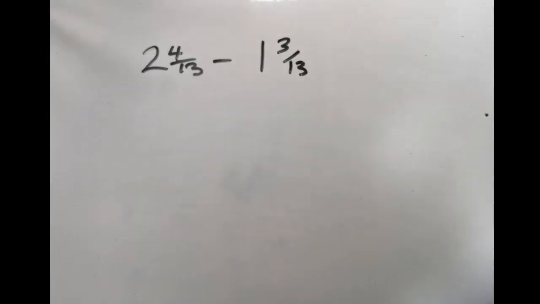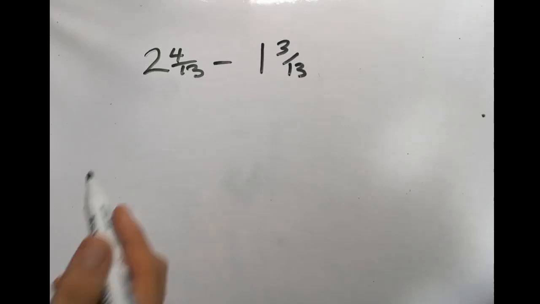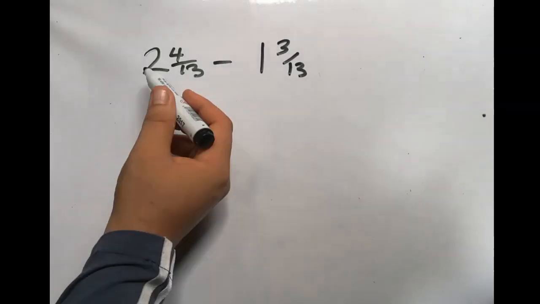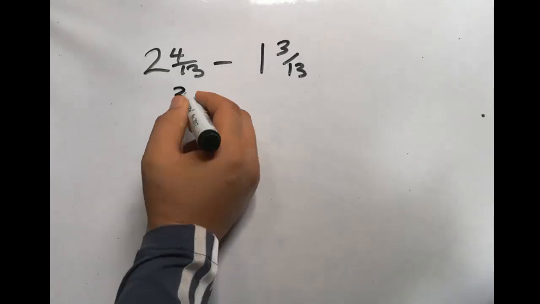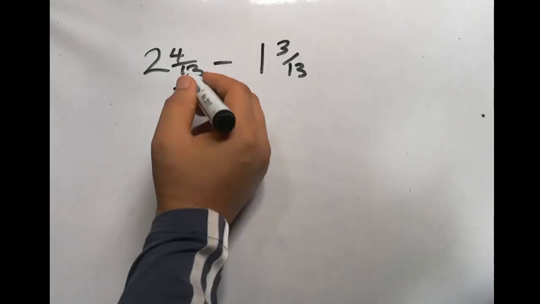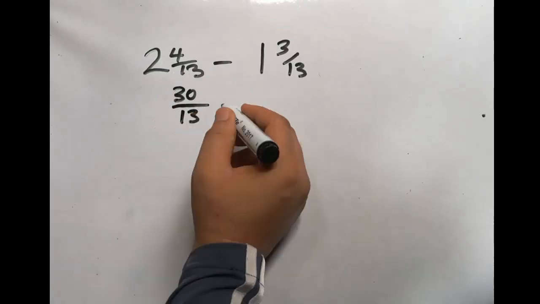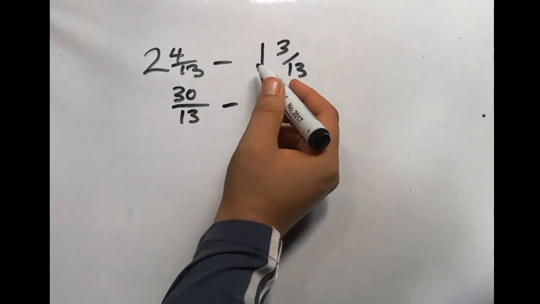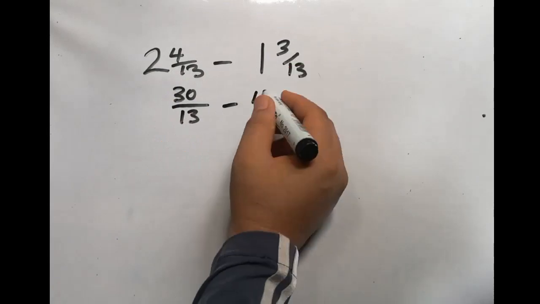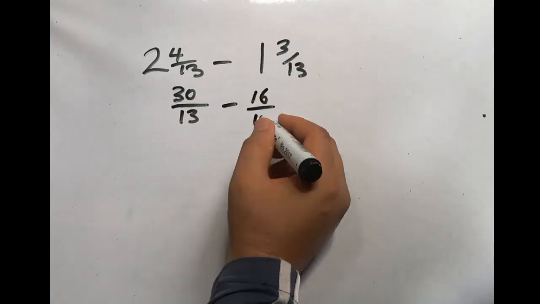Let's try to subtract mixed fractions. The simplest way to do this is to first of all convert the mixed fractions into improper fractions. 13 times 2 will give us 26. 26 plus 4 is 30. We now have 30 over 13, remember this 13 remains constant, minus 13 times 1 is 13. 13 plus 3 is 16. 16 over 13.